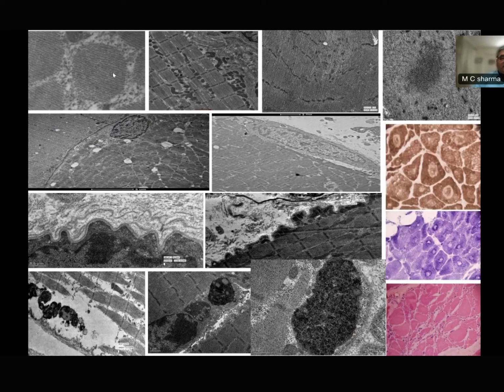In the transverse section, we can see the thick filament and the thin filament, but it's not very useful. Many times some of the Z bands or other things appear abnormal in the transverse section. So transverse section is not recommended for electron microscopy.